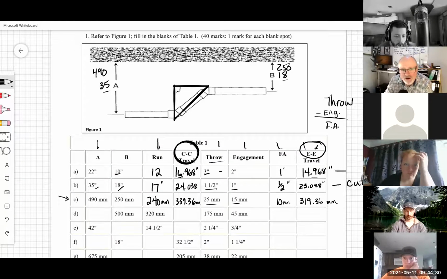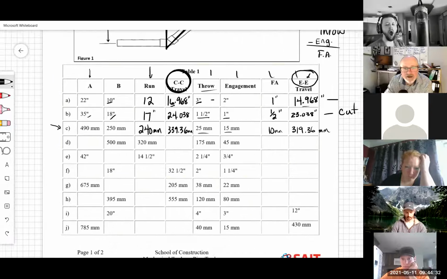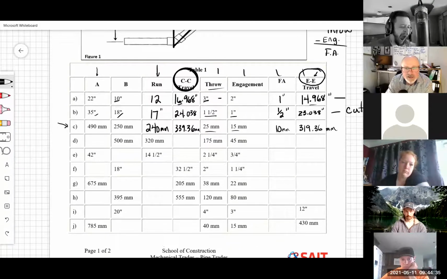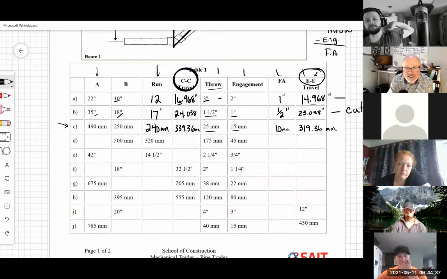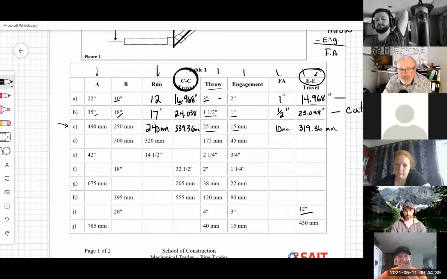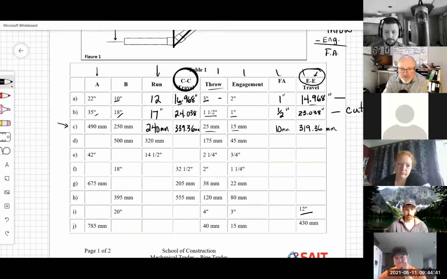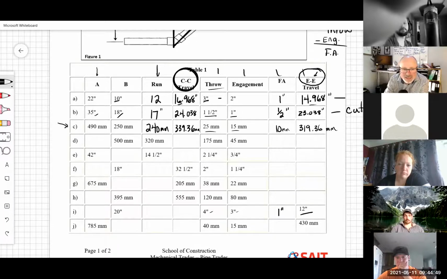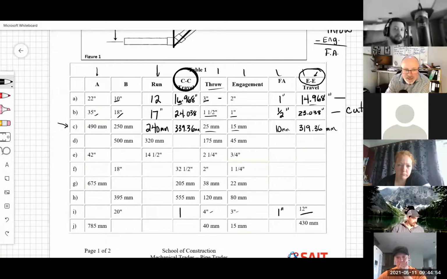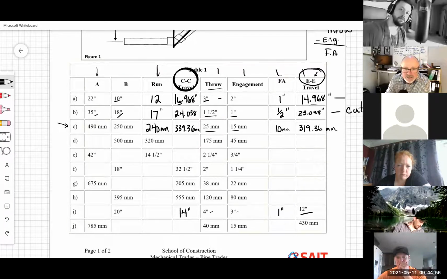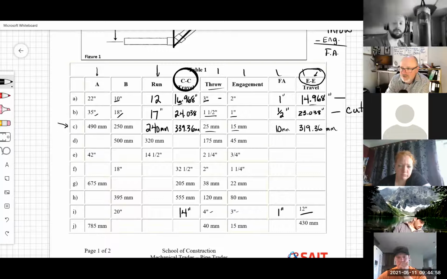So now I'm going to go down here to the bottom and I'm going to say, look at this. My end-to-end measurement is 12. So my fitting allowance is 4 minus 3 is 1 inch. So that tells me my center to center travel has to be 14 inches, right? 2 fittings to center.